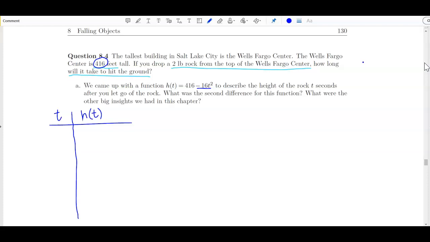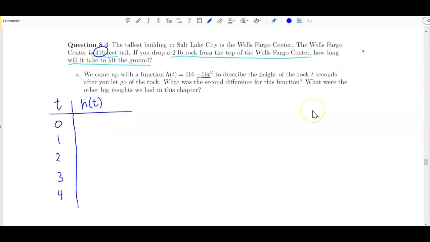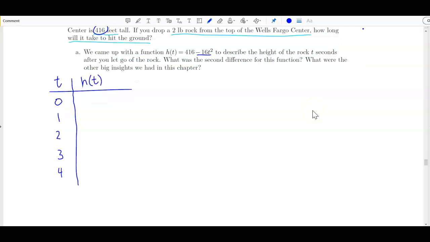Start off with t equals 0, and then go up from there: t equals 1, 2, 3, and go up through 6. Let me give you a little bit of time to do this. You can just use your calculators to figure this out. Get those out.